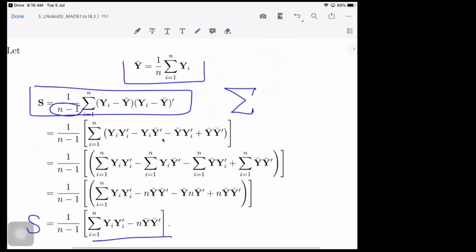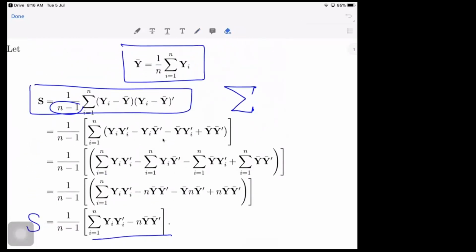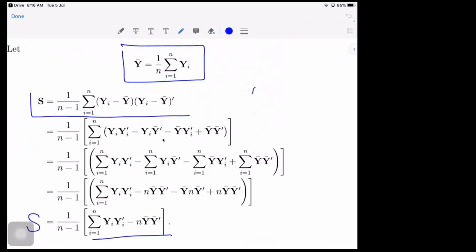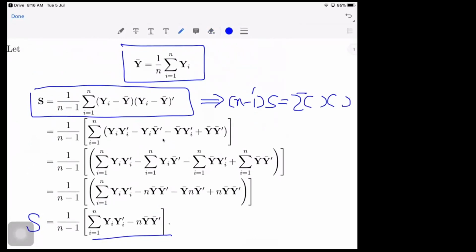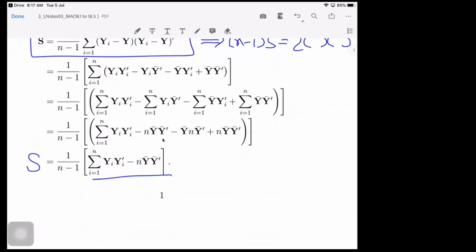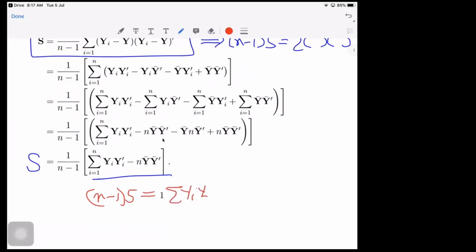So we can write n minus 1 times S to be the sum of these two terms, or we can write n minus 1 S to be equal to the sum of yi yi prime minus n y bar y bar prime. So we can write this or this one.